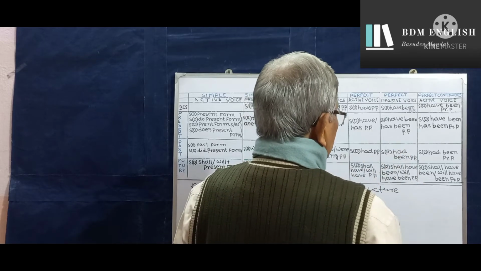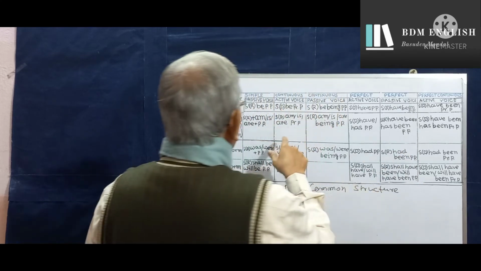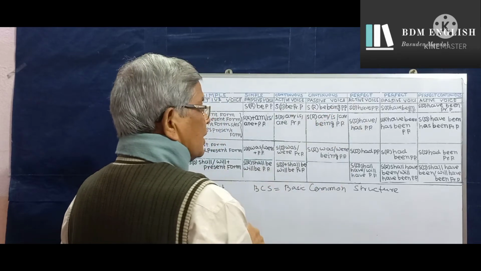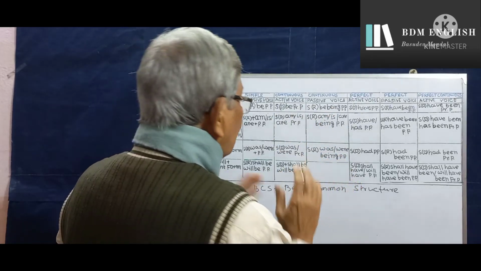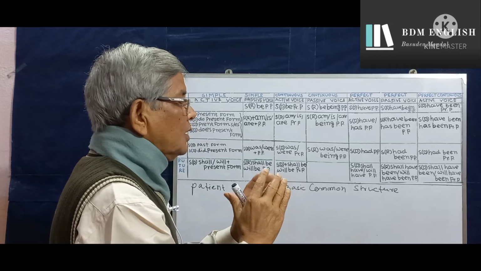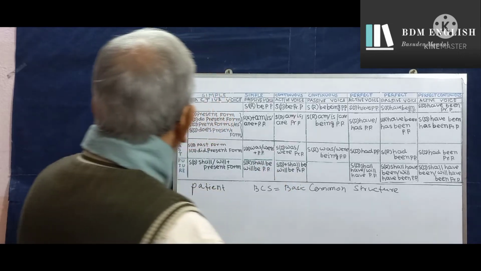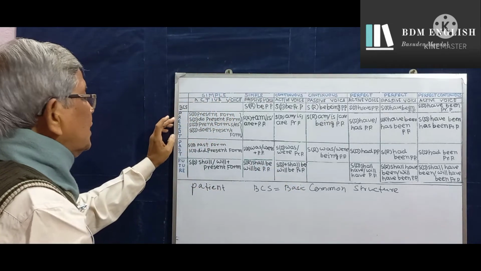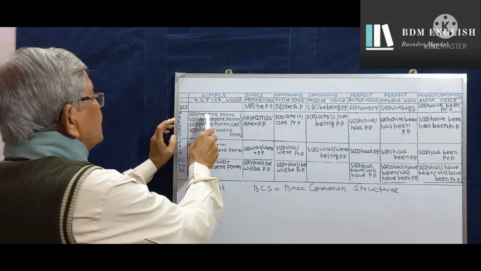We must use it. So these are all, that is be, have, and shall, will, are essential to form particular voice tense structures, but the helping verb do is not a part of the basic structure.